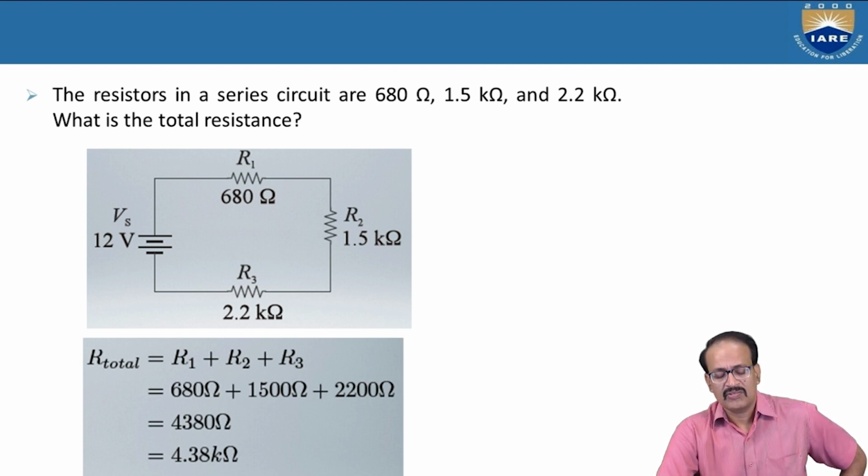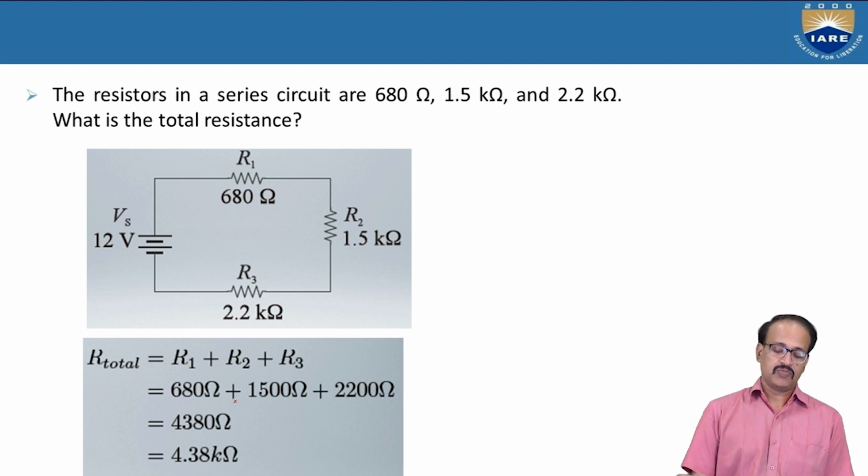So R equivalent, or total resistance, is equal to R1 plus R2 plus R3. So that is 680 plus 1.5 kilo ohm, which we'll simply write as 1500 ohms, plus 2.2 kilo ohm, that is 2200 ohms. So that is 4380 ohms, which we can write as 4.38 kilo ohms.